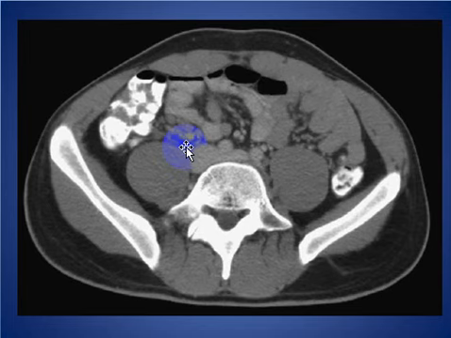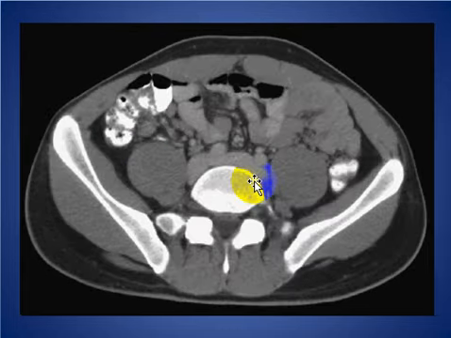Crohn's disease sometimes presents with mesenteric lymphadenopathy, but there should be wall thickening in the adjacent terminal ileum and also sometimes in the cecum, and it is not in this case.